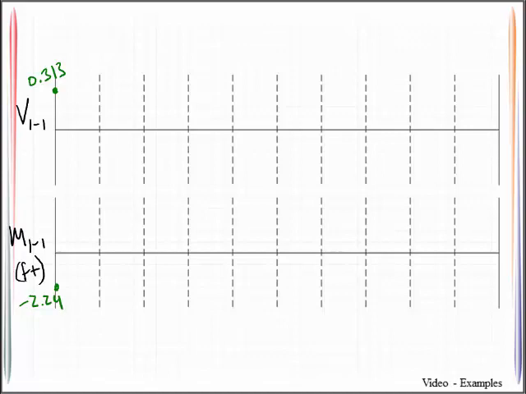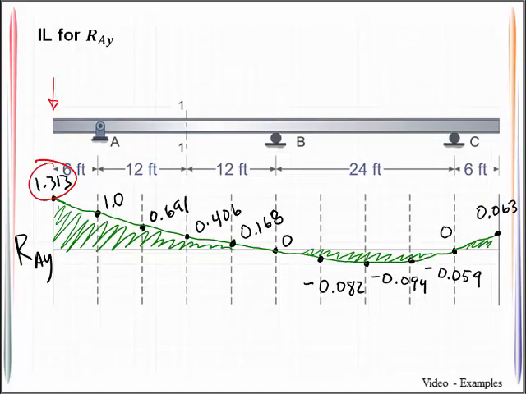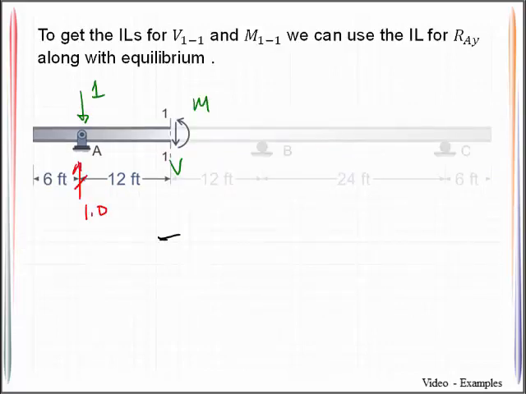Now what I'm going to do is I'm going to go ahead and place the point load at the next increment over. That is this one. Remembering that I'm still looking for the internal moment and internal shear at that particular location, and I will need this reaction right there. Once again, I will go back to the influence line to see what that reaction is, put it on my free body diagram, and then I can run my equilibrium equations.